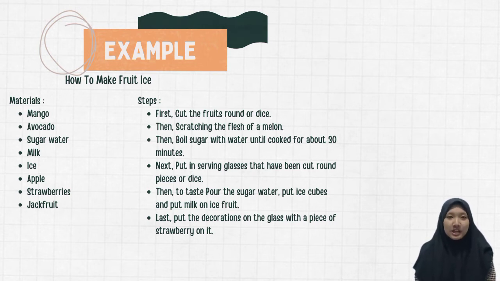Let's discuss the generic structure first. Let's start with the title first. It was explained earlier that the title of the procedure text is the goal of the text. So, how to make fruit ice is the goal of the text. In the procedure text, we need a list of materials or items needed in order to achieve the goal.